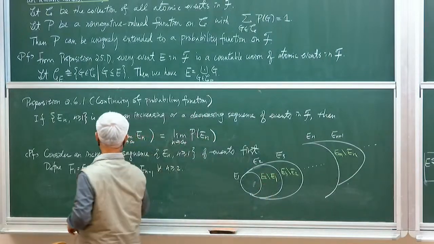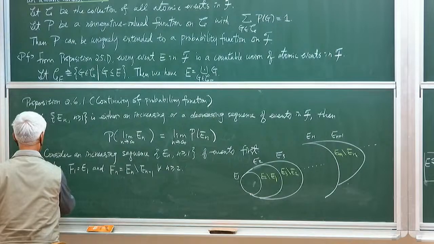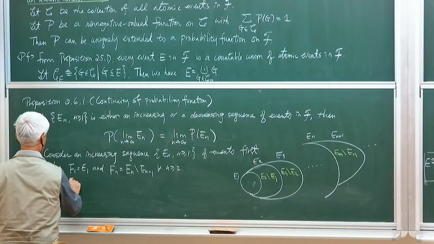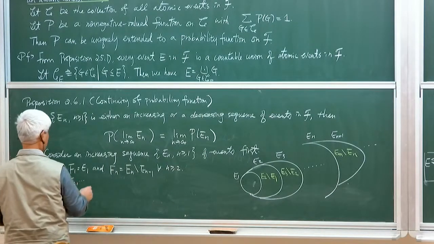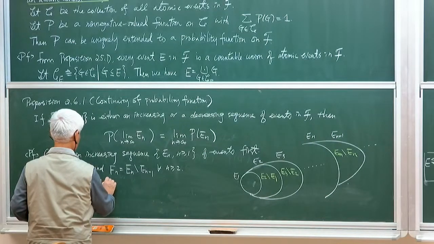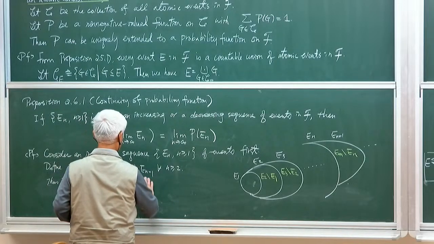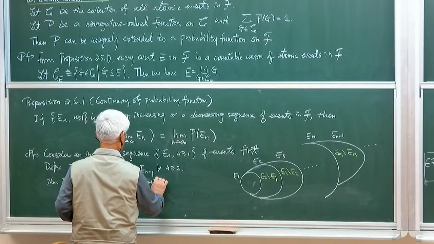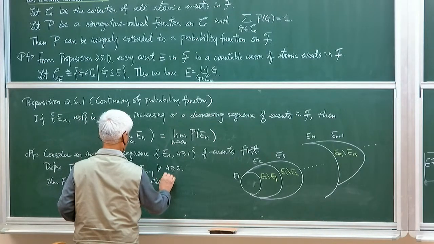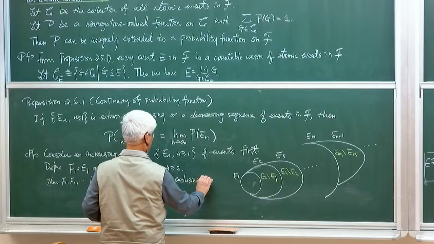So we define Fn this way, and F1, F2, etc. is a sequence of mutually exclusive events.